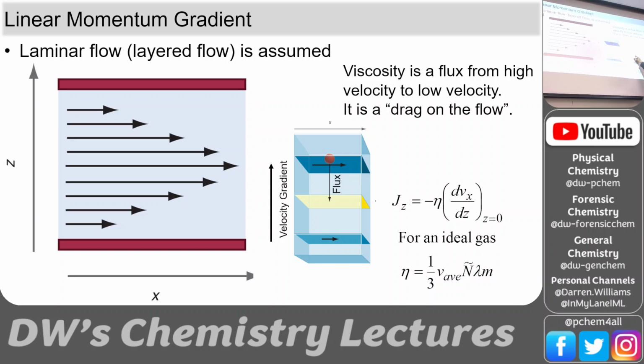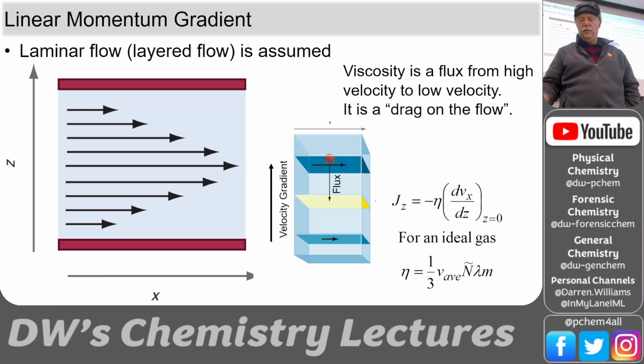Okay, and so this transport coefficient is what we call the viscosity, and it's related to the average velocity, like for a gas, the gas velocity, the number density, the mean free path and the mass of the particle. So this is our term for viscosity.